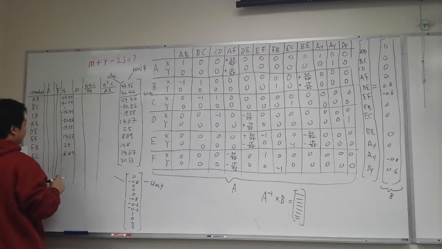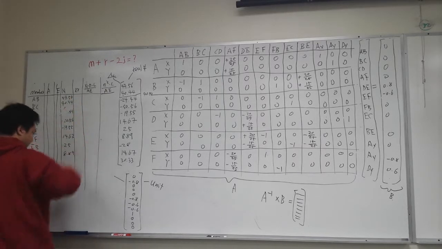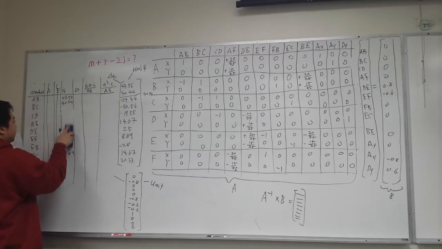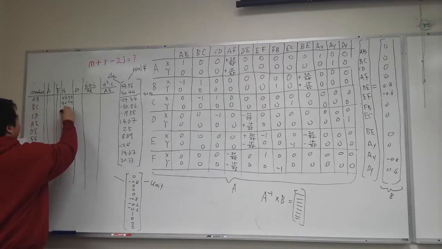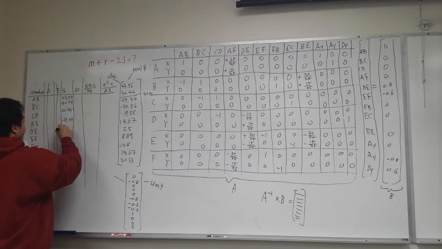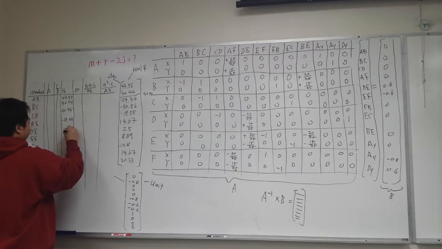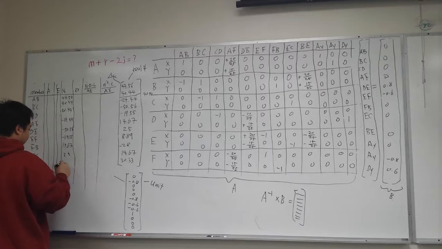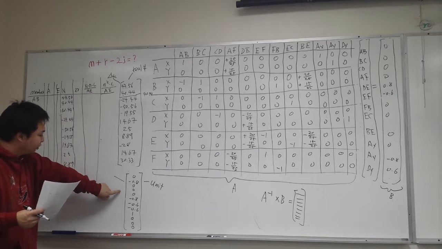I missed one again. 40.44, negative 24.44, negative 50.56, negative 19.55, 14.67, 25, 8.89. And for small n, it's your unit load numbers.